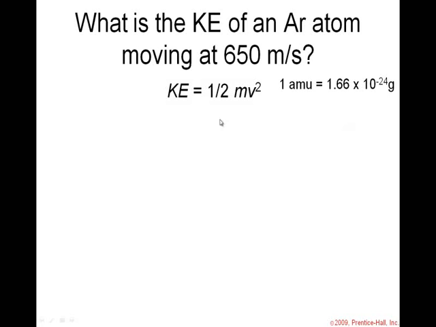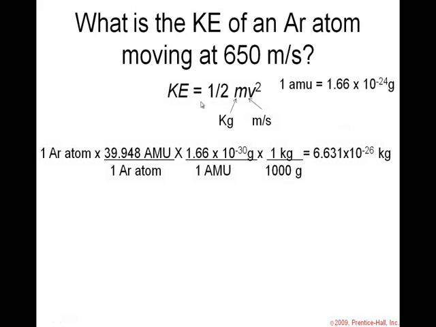So we're going to use KE equals 1/2 mv squared. And in order to find the mass of the argon, we know how many AMUs it is from the periodic table. We know how much an AMU weighs. We know there's 1,000 grams in a kilogram. So this gives us the mass of 1 argon atom.